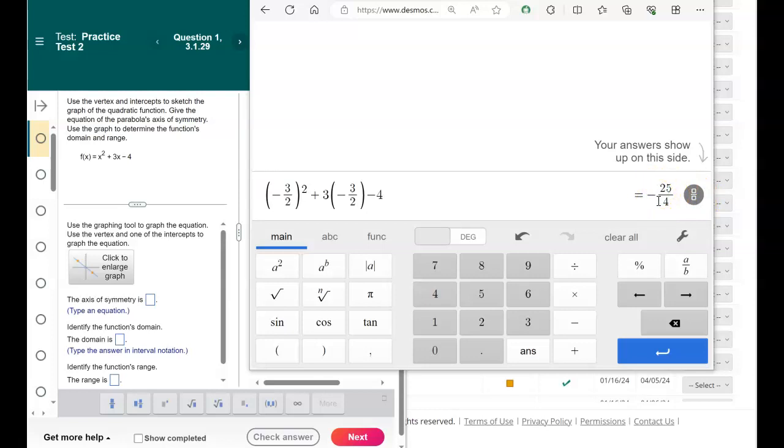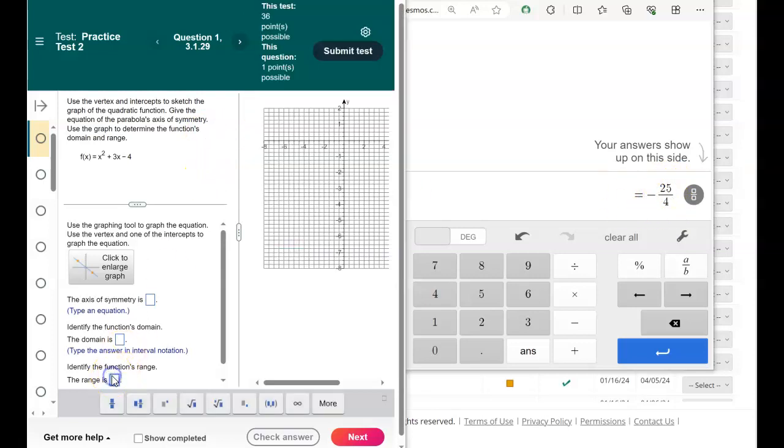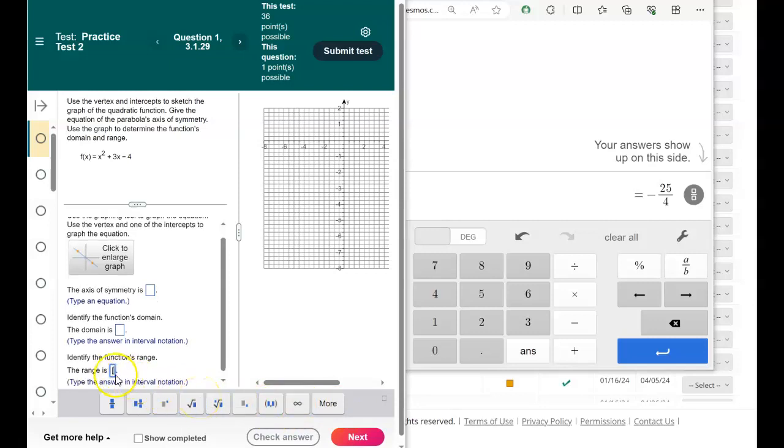So you say from negative 25 over 4, and that is included, so that would be the closed bracket, because it means it is included.